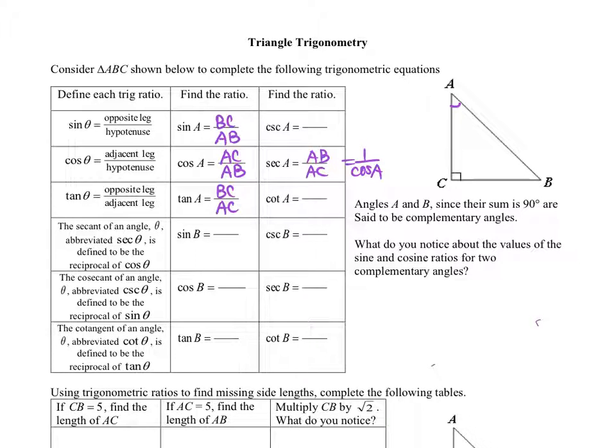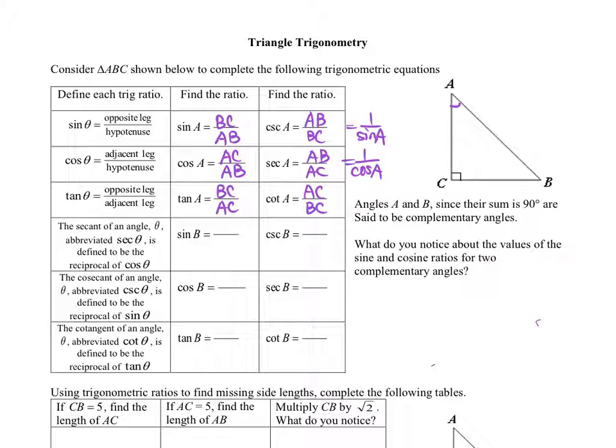And cosecant would be 1 over sine A, so that would be AB over BC. And cotangent and tangent are reciprocals, so I simply switch the numerator and the denominator.